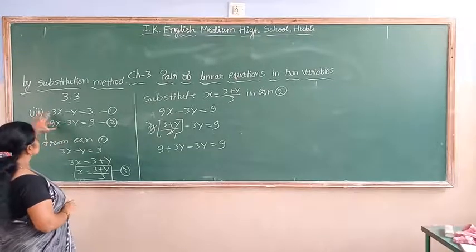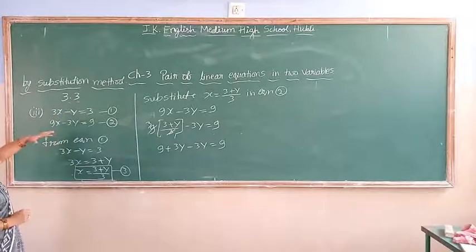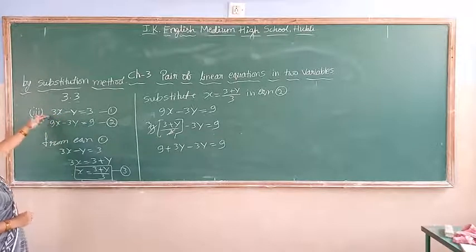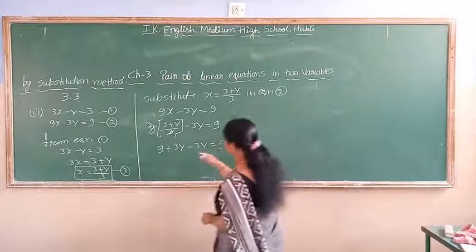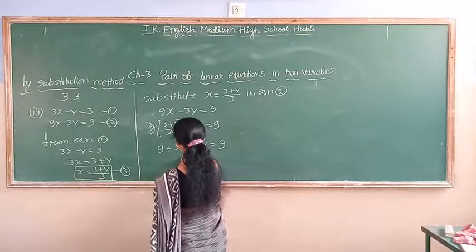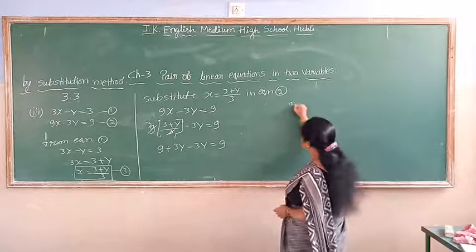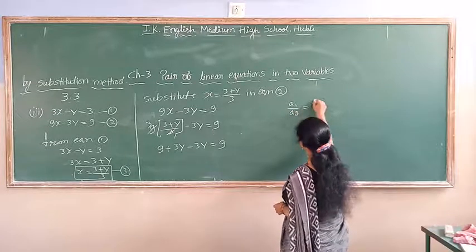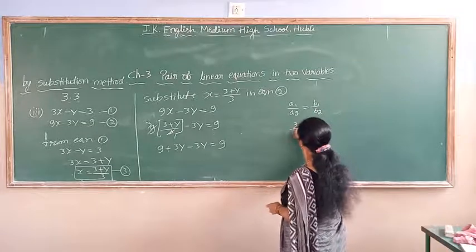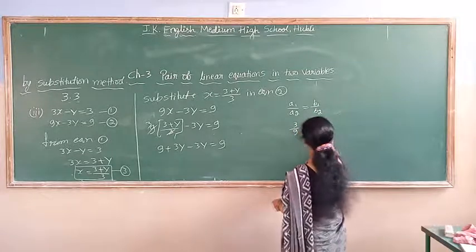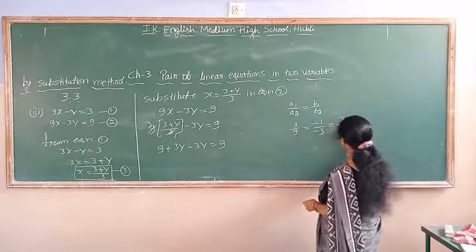Observe this, 3 by 9 and 1 by 3. You can verify now. If you verify this, I am going to get 9 is equal to 9. You get 0 for y, because a1 by a2 is equal to b1 by b2, that is 3 by 9 is equal to minus 1 divided by minus 3 is equal to 3 by 9, children.